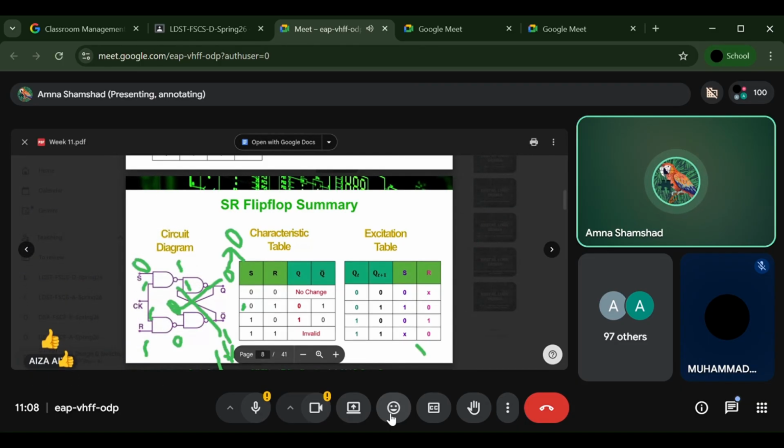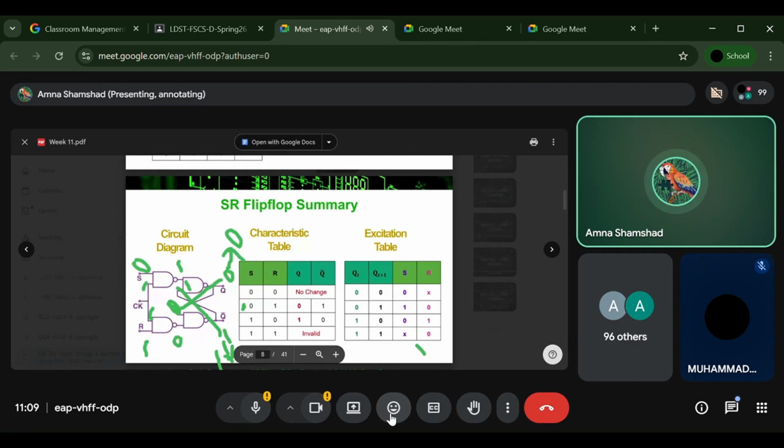Just stay focused, and start with the previous state. Whatever your previous state on Q and Q dash is will reflect back through this cross coupled connection to these inputs. And whatever is applied on this S and R will give output on this NAND gate.